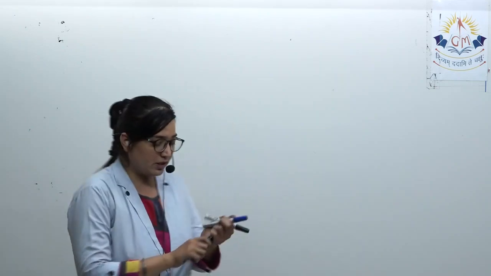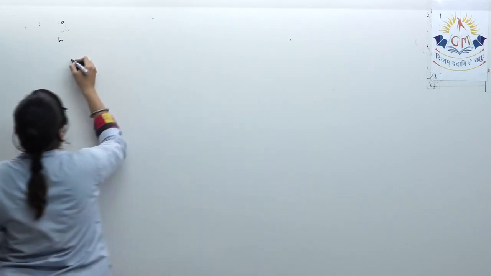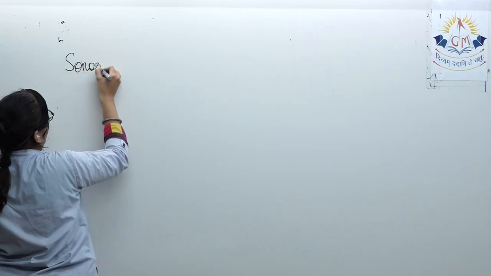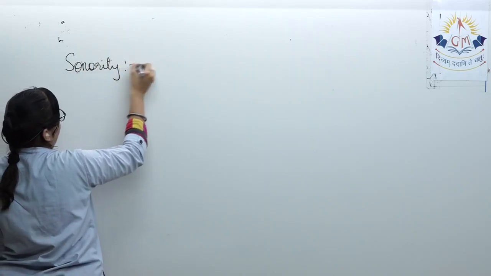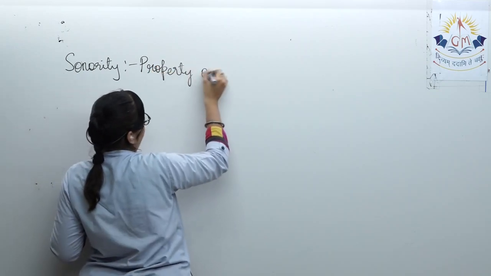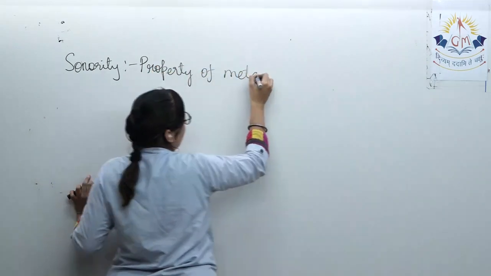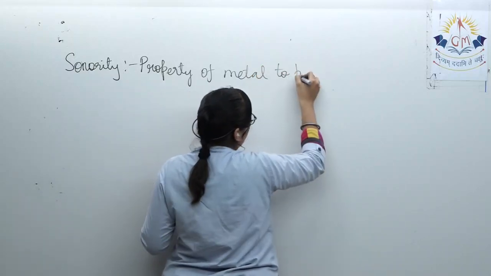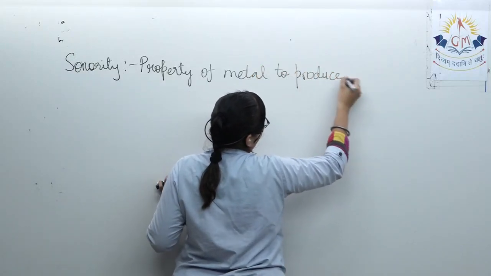There are three. Sonority: it is the property of metal to produce a ringing sound on striking.